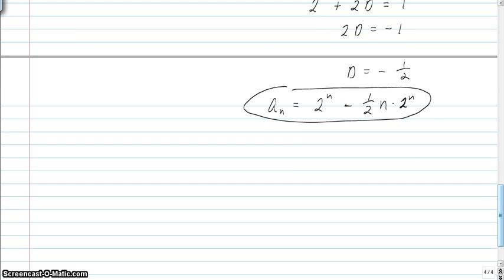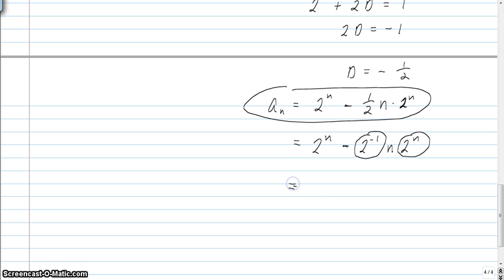You could take this a little bit further using the rules of exponents. 1/2 is the same as 2 to the minus 1. And so I could combine this guy and this guy using the rules of exponents. The base is the same, so I can add the exponents.